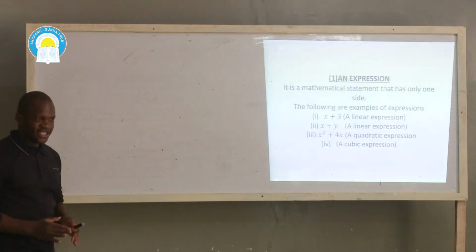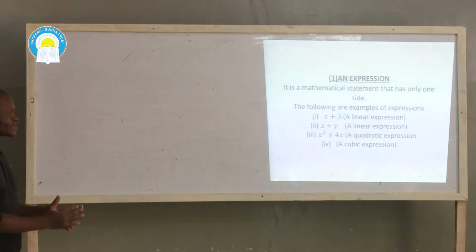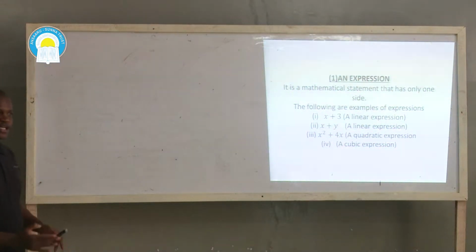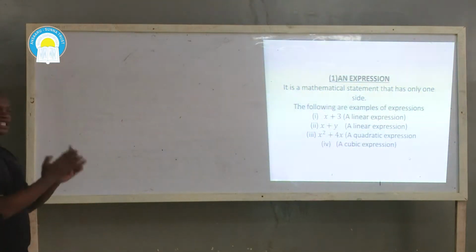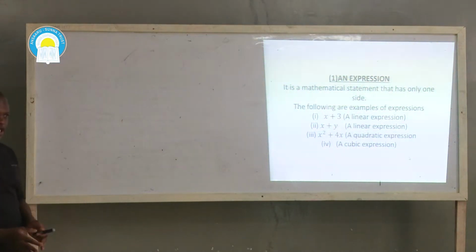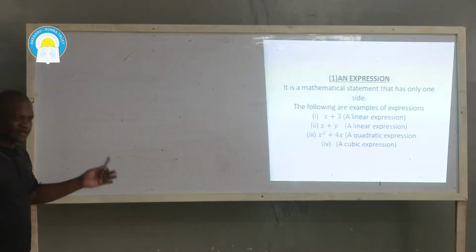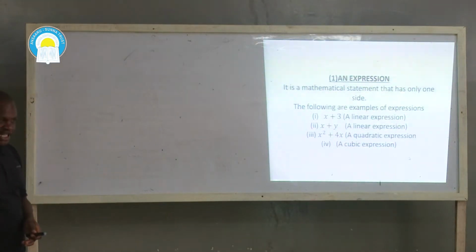You find that they are given an equation, they treat an equation as an expression, they get it wrong. Sometimes they are given what? An expression, they treat an expression as an equation. So just to avoid such problems, we need to clarify what is an expression and what is an equation, and how do you identify them in a given question.